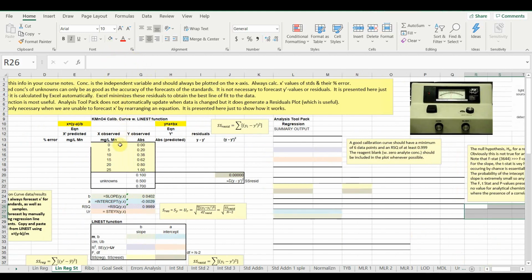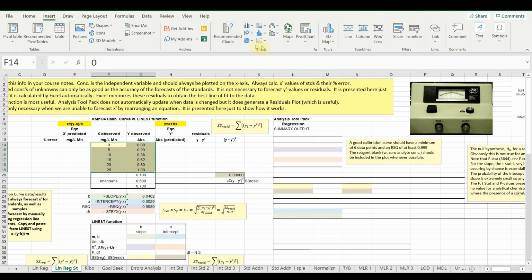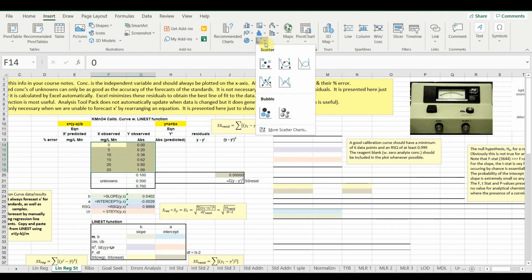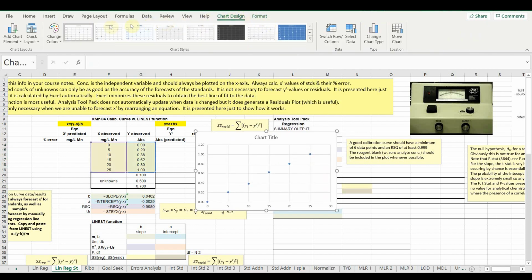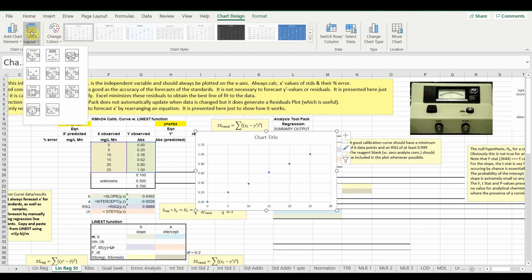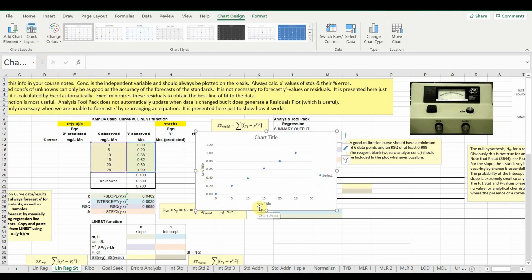So we simply select the x and y values together of the standards, that is the knowns, insert, we'll choose a scatter plot with points only. On the Chart Design tab, I'll choose Quick Layout, number 1, to give us placeholders. This will be absorbance on the y-axis and concentration on the x-axis.